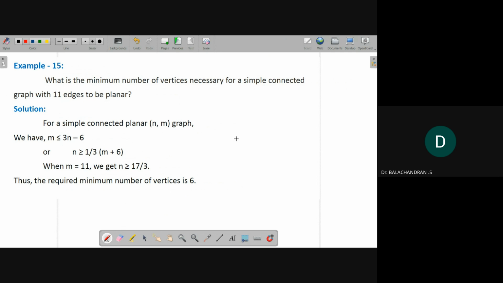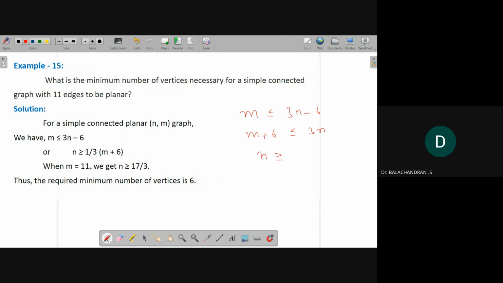From this, 3n is greater than or equal to m plus 6, so n is greater than or equal to (m plus 6) by 3.